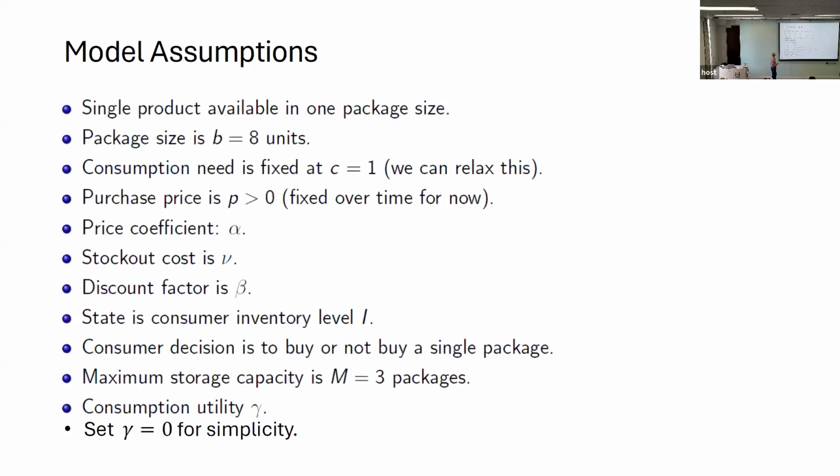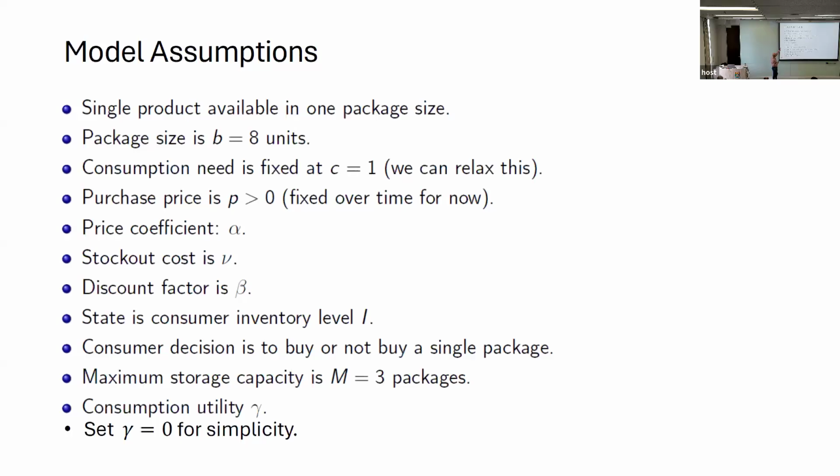All right. So now we can make things rigorous, and here's a set of assumptions I want to make for simple illustration. Here I assume there's a single product available in 1 package size, and the package size is 8 units. I assume the consumption need is fixed. People just consume 1 unit at a time, and the price is also fixed.